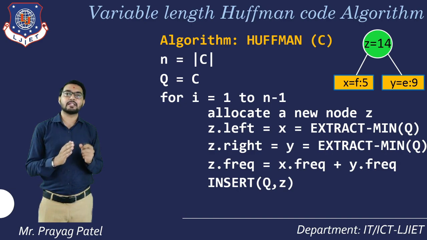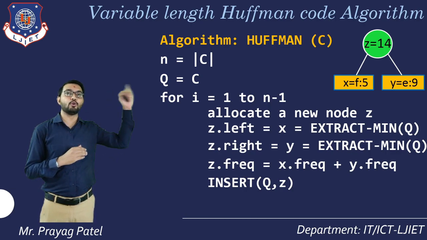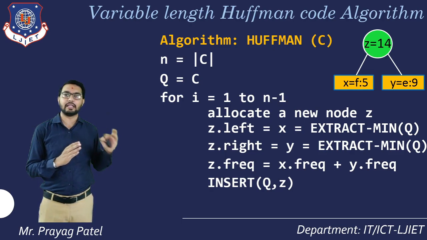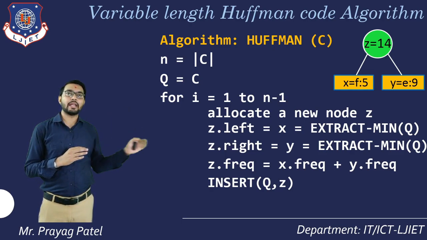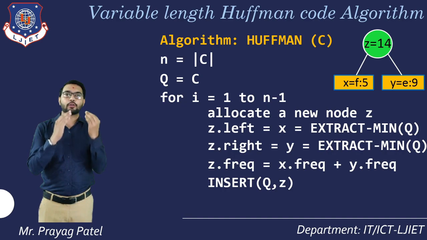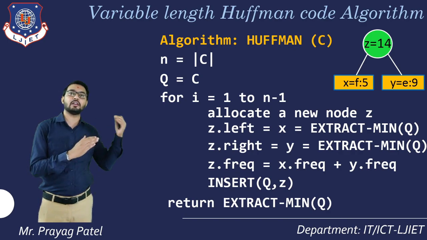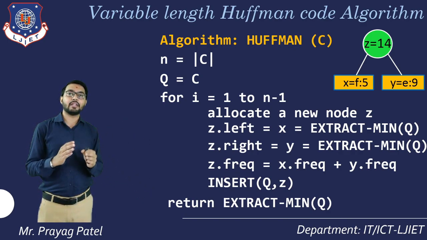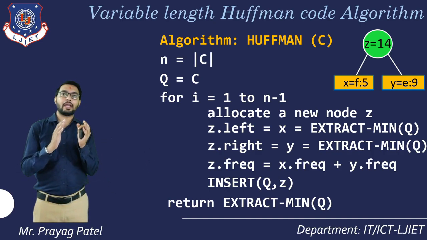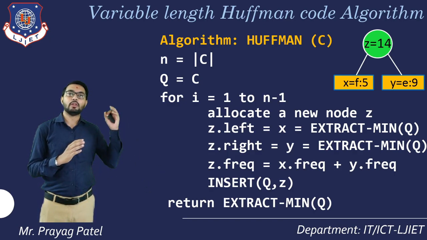Now the next step is insert Q, Z. Here the insert operation inserts the new node into Q, because we already have 6 elements F, E, A, B, C, D in Q, but we combined F and E into a new node Z. So insert the node Z into Q. Now the last step is return extract minimum Q. This is the final step of the algorithm, where you extract the result. So return extract minimum Q as the root node.